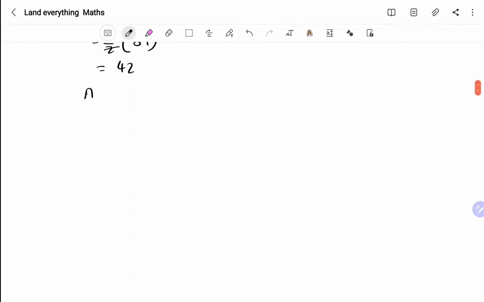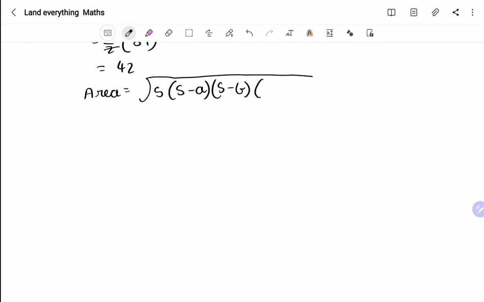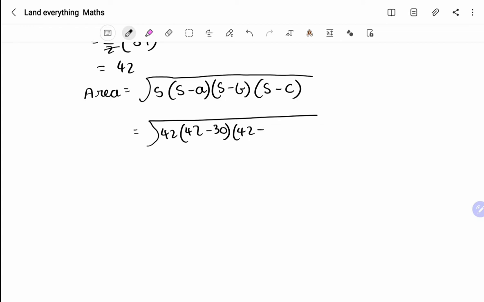Then area is equal to root over S into S minus A into S minus B into S minus C. That is root over 42 into 42 minus 30 into 42 minus 26 into 42 minus 28.